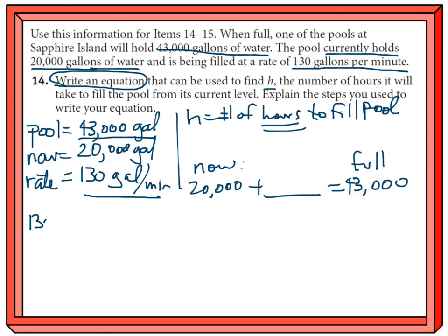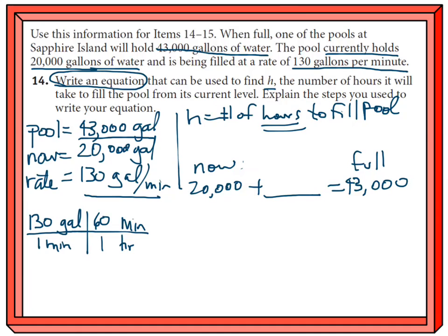So we have 130 gallons per 1 minute. And I'm going to convert this into hours. Well, minutes need to cancel out, so minutes is going to go on the top and hours is going to go on the bottom. And there are 60 minutes in 1 hour.